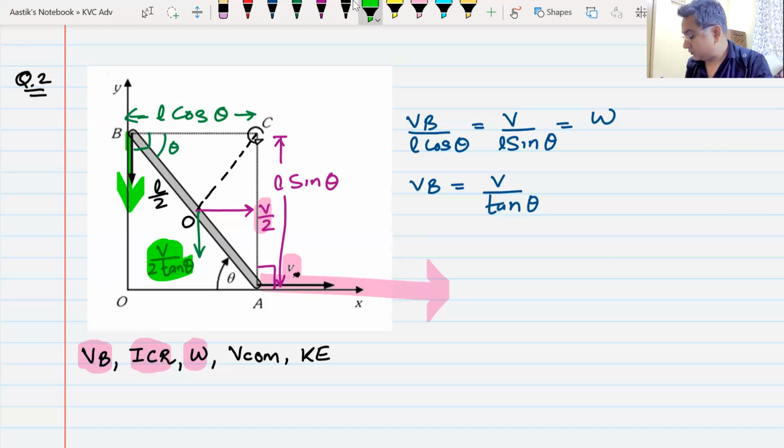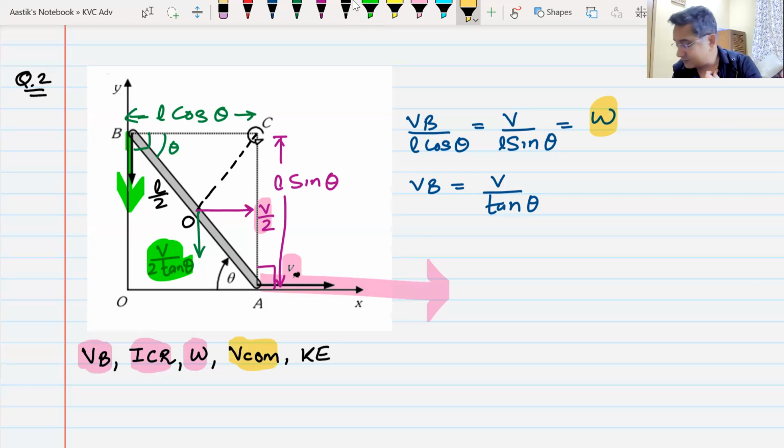Then, do we understand this? Yes, sir. Everyone? Everyone. Once you understand this, and you also know the value of omega, and you know the velocity of the center of mass, you can calculate the kinetic energy of this rod. Yes or no? Yes, sir. Half I omega square plus half m v square.